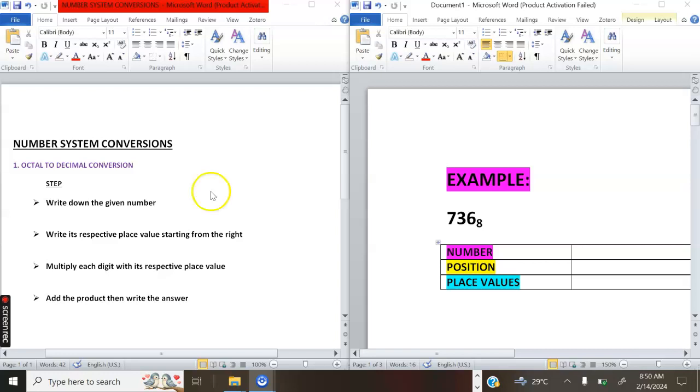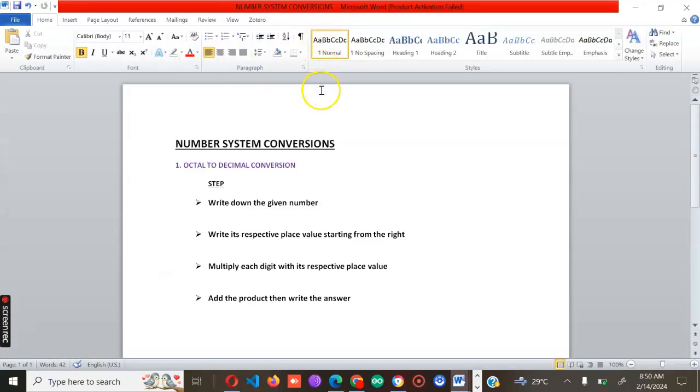In today's lesson, we are going to tackle how to convert octal numbers to decimal numbers. And these are the steps that we take. Step number one, you write down the number. Step two, you write its respective place value starting from the left.